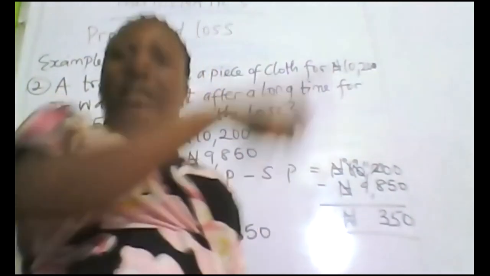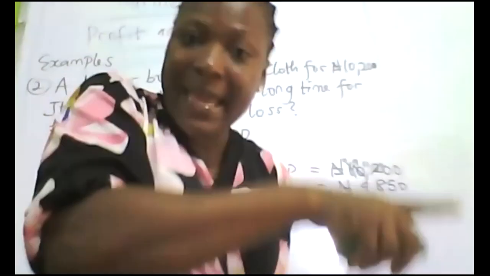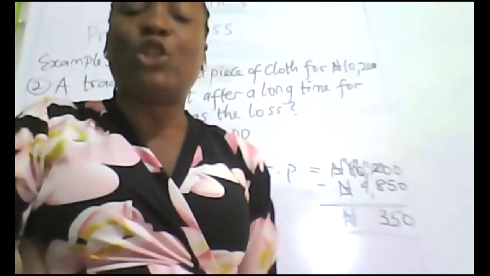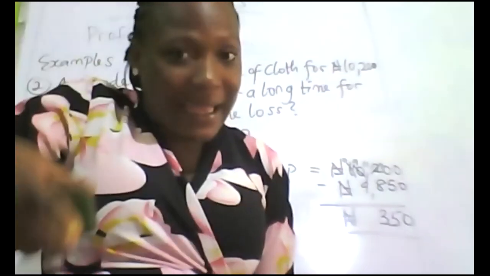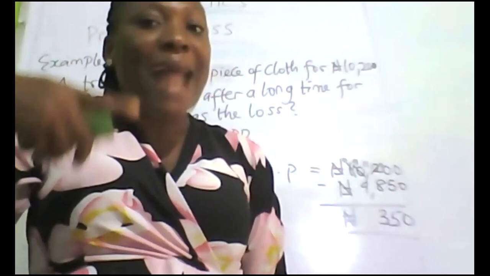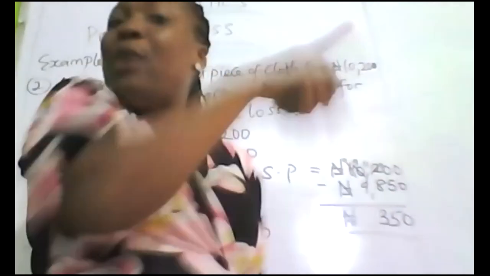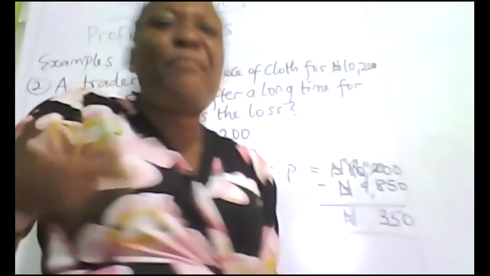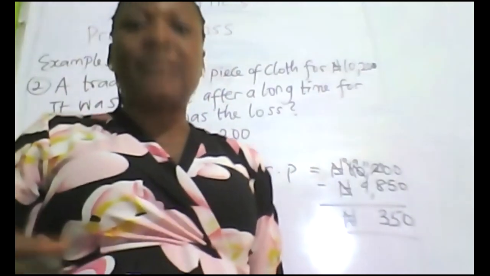But if after the stress of going to market to buy, the price you sell it at in the shop is higher, the money you collect on that item is more than the amount you bought it with, then it is a profit to you.